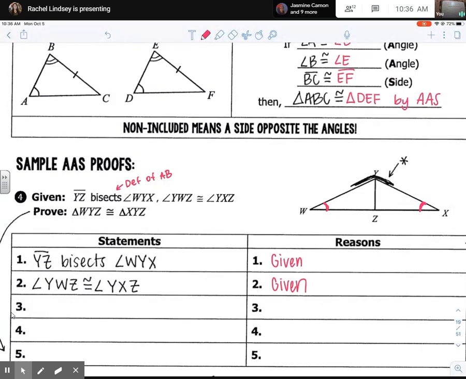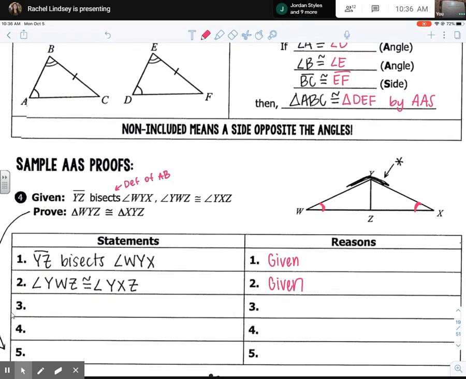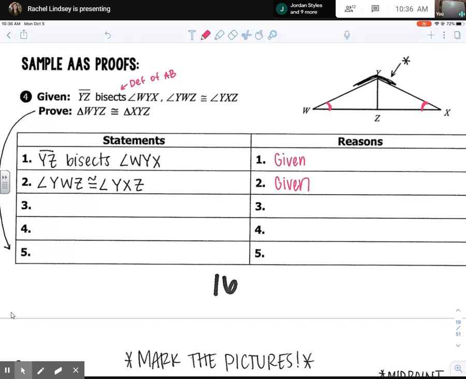So, based off of what we've got, I can mark my angle bisector stuff and then I can mark a side. It doesn't matter which one you put first, as long as you put them both in there at some point. But going off that bisector, if YZ bisects this angle, what do I know about both of these angles? They're congruent, right? So that means angle WYZ is congruent to what angle?